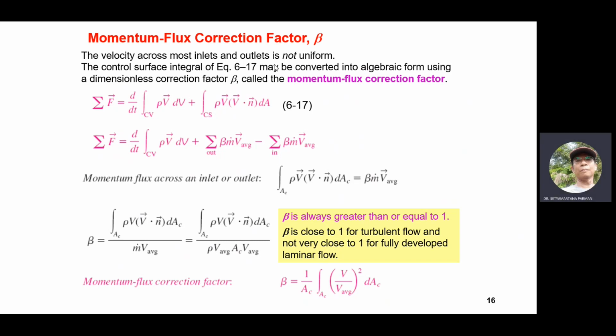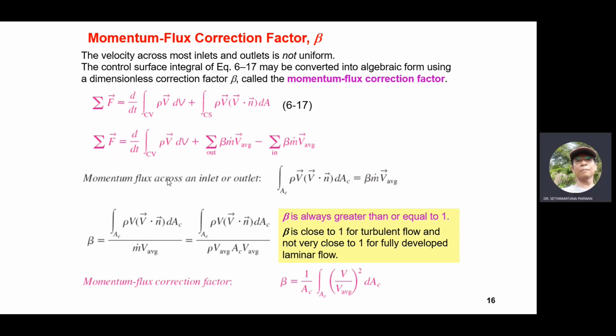And since the velocity is not really uniform, we replace it with the summation of the fluids going out from the control volume of beta multiplied with mass flow rate multiplied with the average velocity, and then minus the total of the mass flow rate multiplied with the average velocity entering the system, but multiplied with beta.